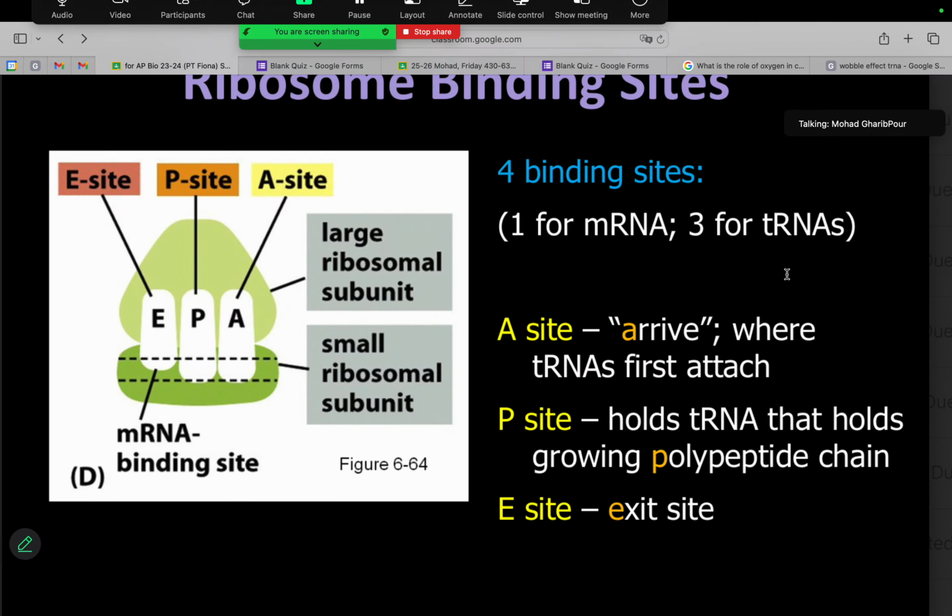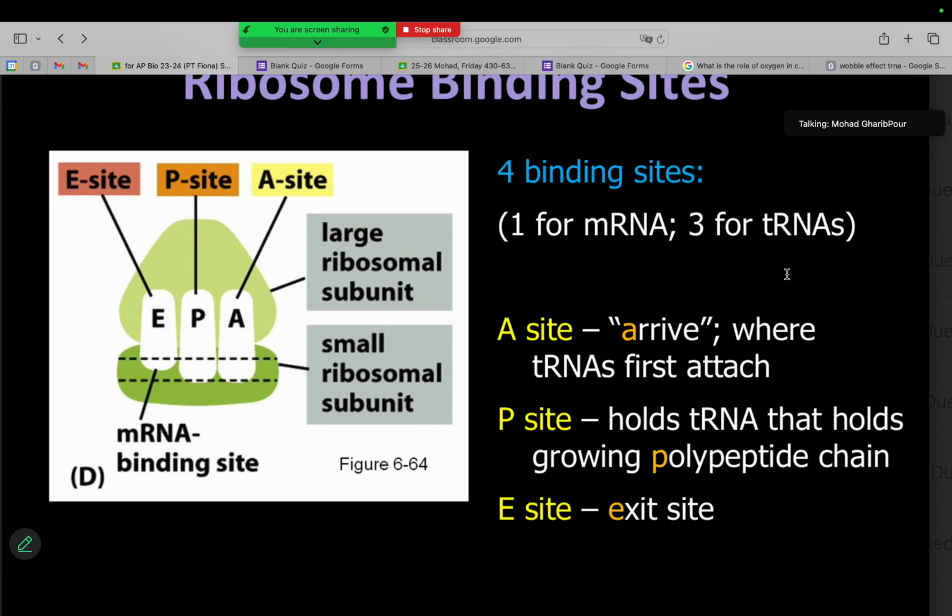Okay, so now let's look at inside the ribosome, and let's look at the active sites, the functional sites or areas within the ribosome. So there are three major sites for the ribosome. We have the A site, P site, E site in this order.